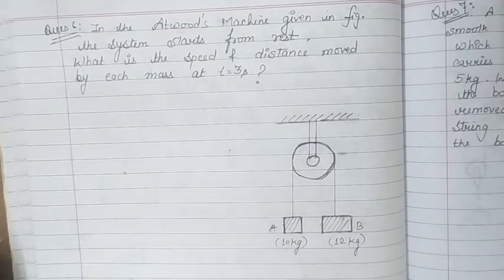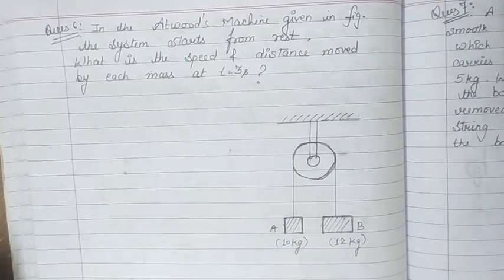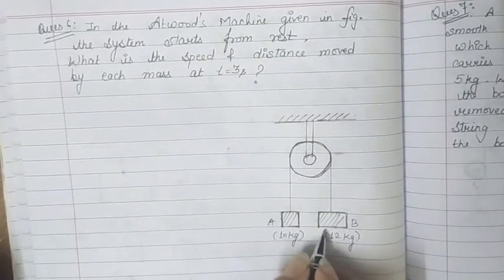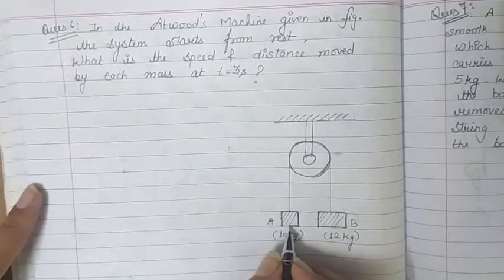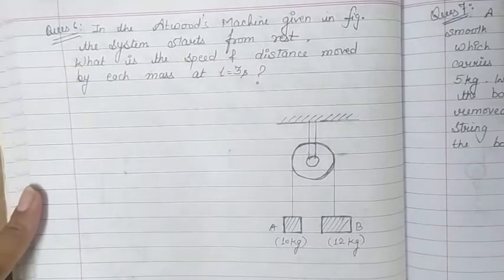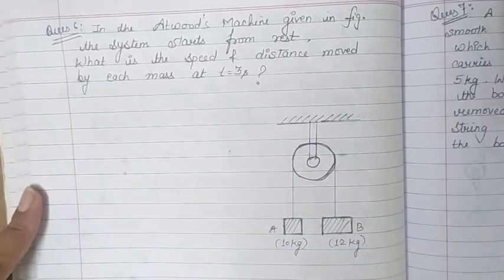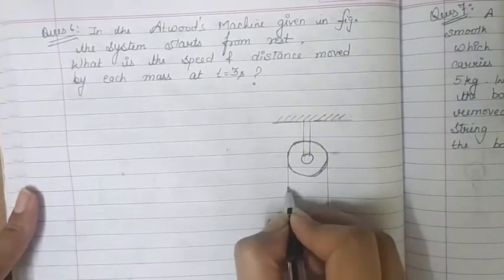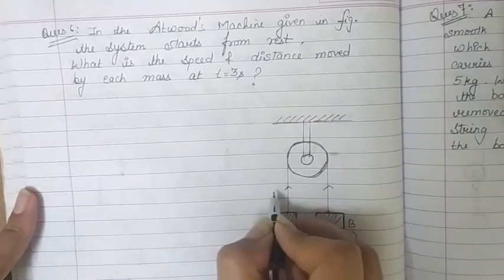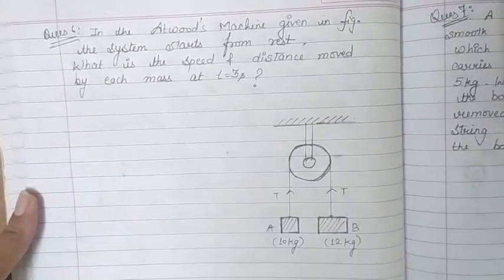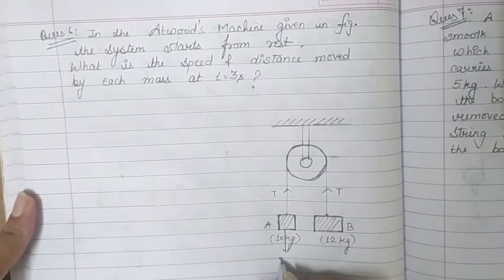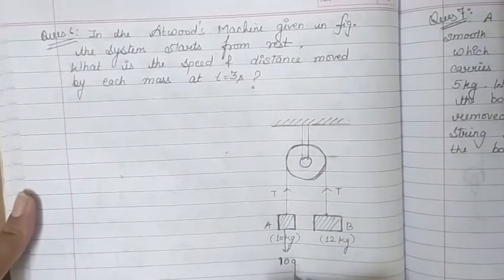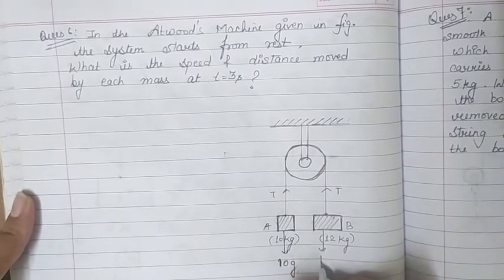So we solve the question with our technique. That means we will write force equations for both the blocks. First, for the 10 kg block. The tension acting on the strings will be because of this point of contact. So these are the tensions T and T, and the weights of the blocks are acting downwards, that is mg, meaning 10g and 12g.